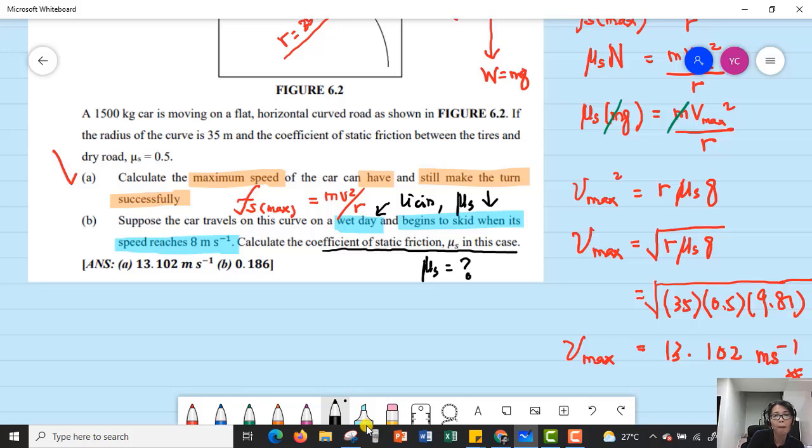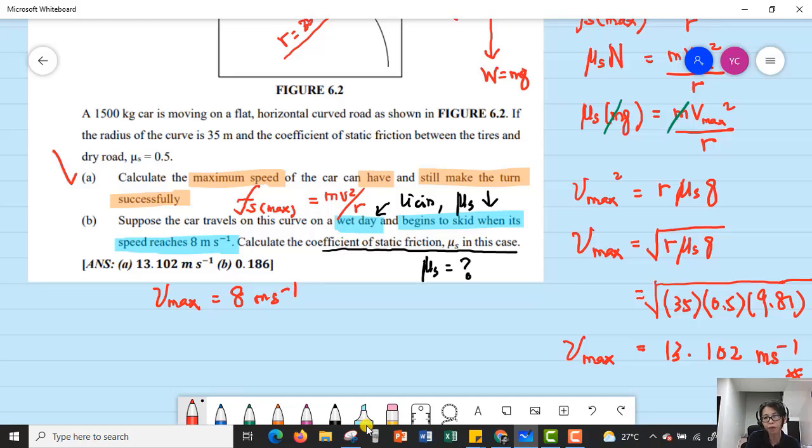So we know the maximum speed before it starts skidding and cannot make the turn safely, it starts to skid at 8 meters per second. So we understand the v max is 8 meters per second.